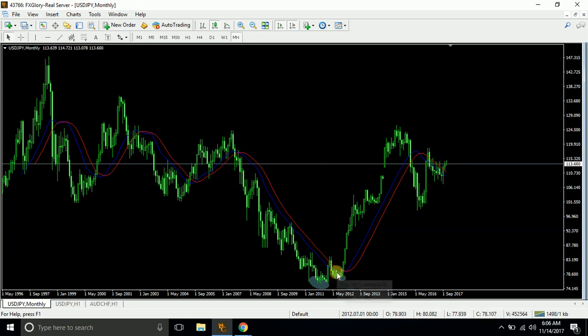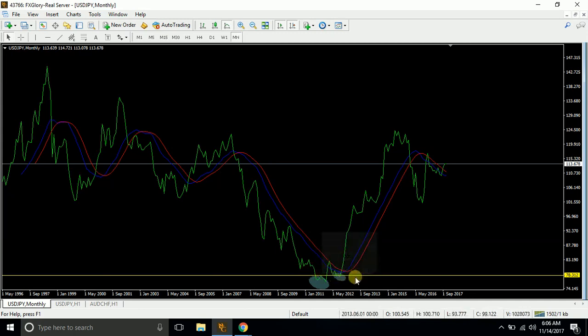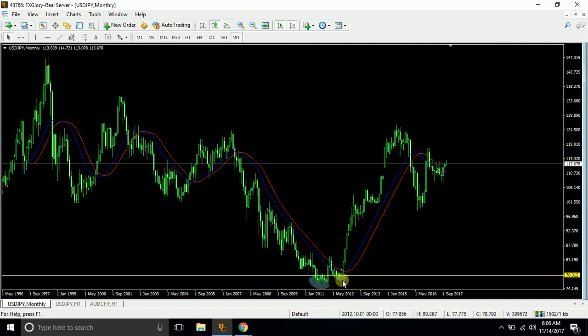Retrace, pullbacks, another rejection. Now if we go to a line chart, this is what it looks like. There we have it. And then we have a strong rally to the upside.